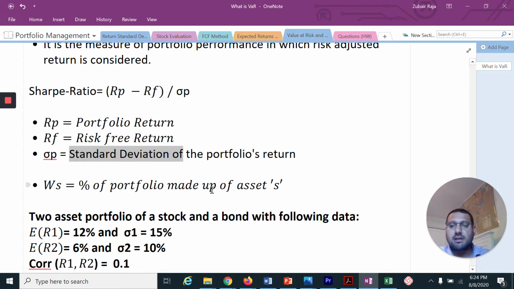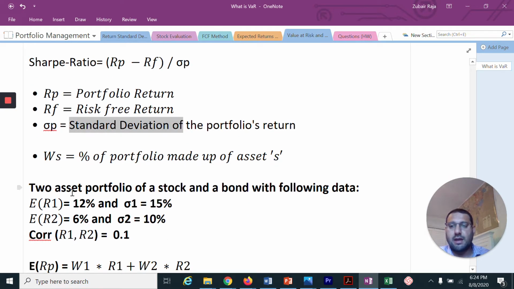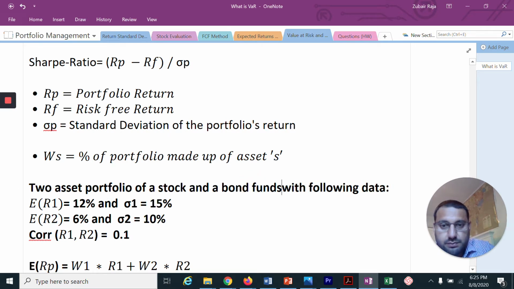So now consider these two assets. Consider this portfolio consisting of two assets. One is a stock fund and the other is a bond fund. The expected return on the stock fund is 12%. Its standard deviation is 15%.